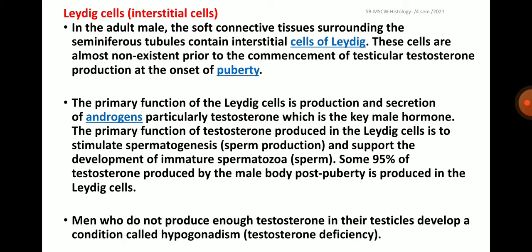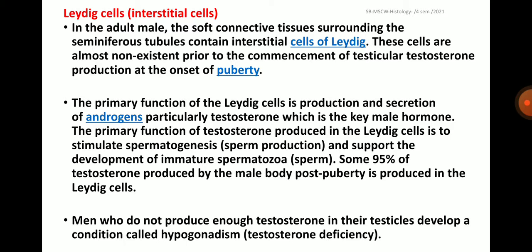The primary function of testosterone, which is produced in the Leydig cells, is to stimulate spermatogenesis, sperm production, and support the development of immature spermatozoa. So these are its functions. Some 95% of testosterone produced by the male body post puberty is produced in the Leydig cells.